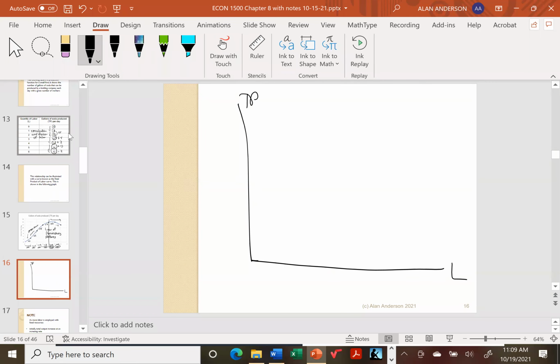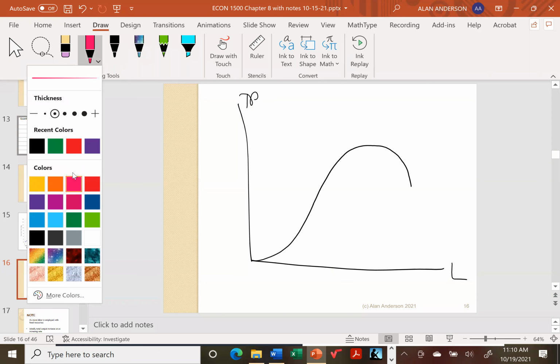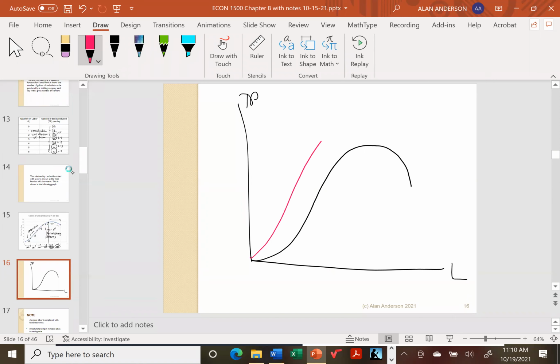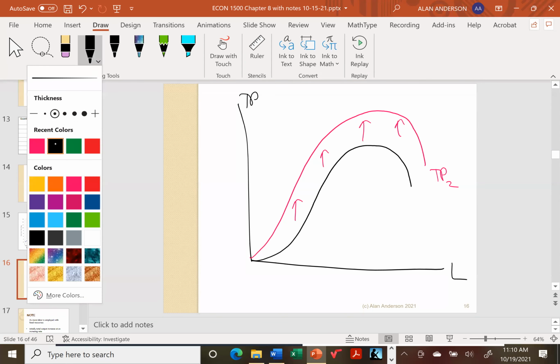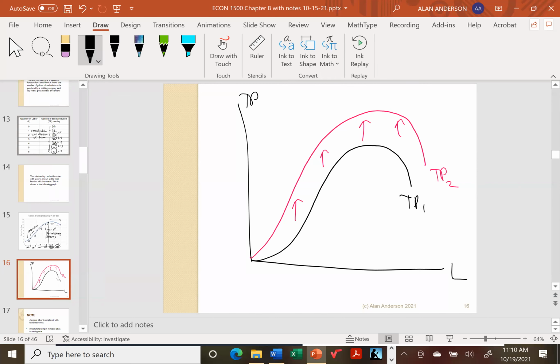So instead of something like this, you might see something like this. Okay, so it goes up at every level of output, but you do see the same basic shape hasn't changed. Let's call it TP2 and TP1. That's right. And what can cause this to happen is increased resources.